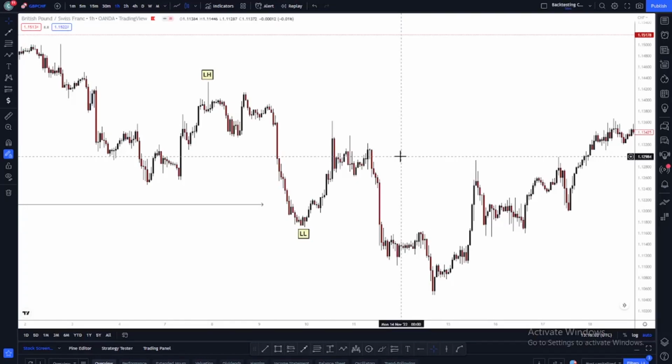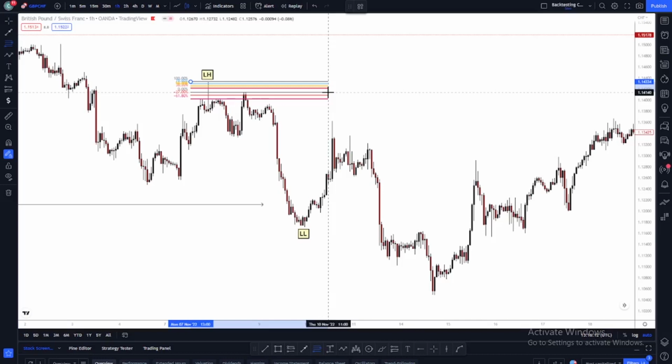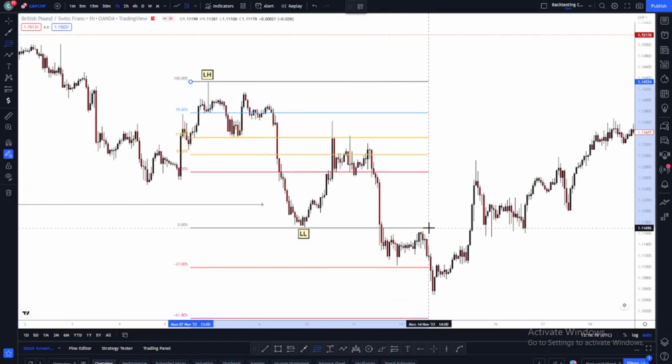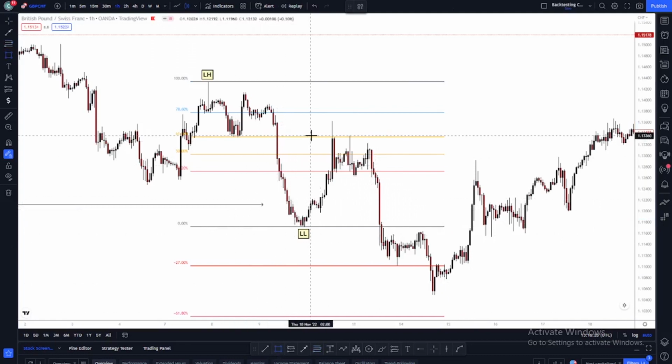All I need to do is take my Fibonacci tool and drag from point A, which is this lower high, to point B, which is this lower low, and just wait for price to retrace into my golden zone.